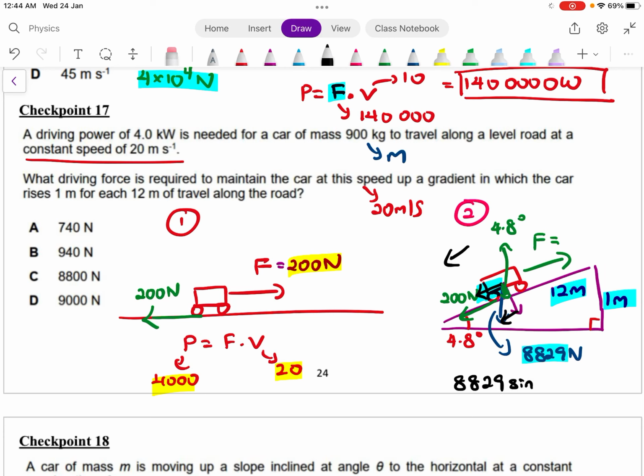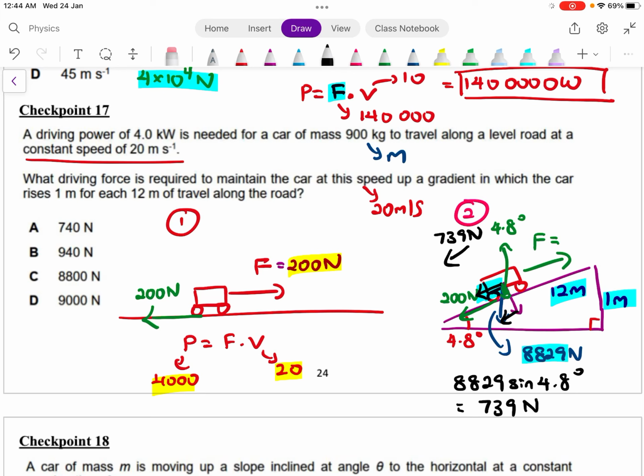8829 sine 4.8 degrees, so it's about 739 Newton. So this thing, 739 Newton.